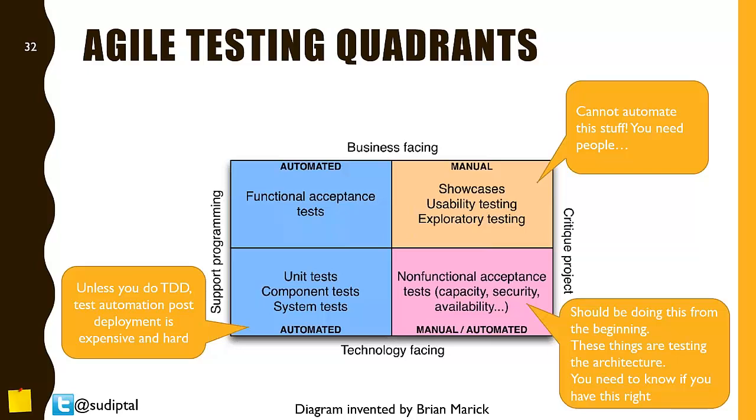The only good thing is that's a very small percentage compared to the amount of testing you typically would end up doing to ensure that you have built the software correctly. So I think Brian Marick's quadrant is a very nice reference to understand what should be automated, what could be automated, versus what cannot be.